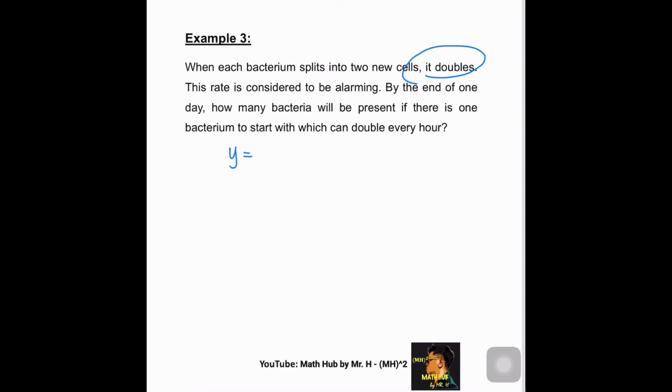Recall the formula for exponential growth, which is y equals a times (1 plus r) to the power of t. a is 1 because it's mentioned that there is one bacterium to start with, so you have this fixed 1. And it says it doubles every hour, so it only tells us that the growth factor is double.